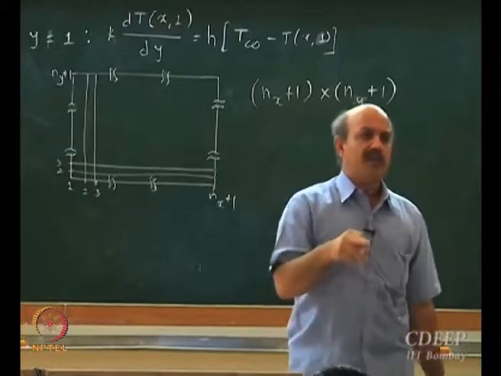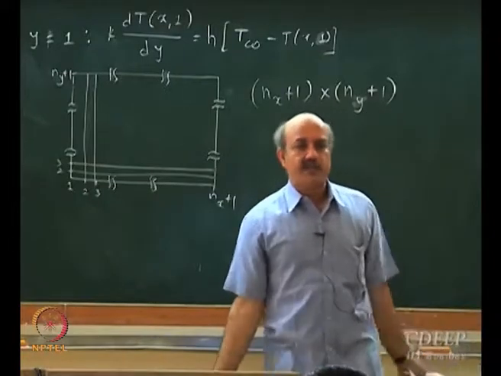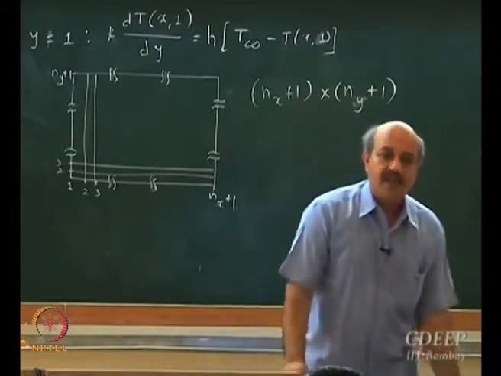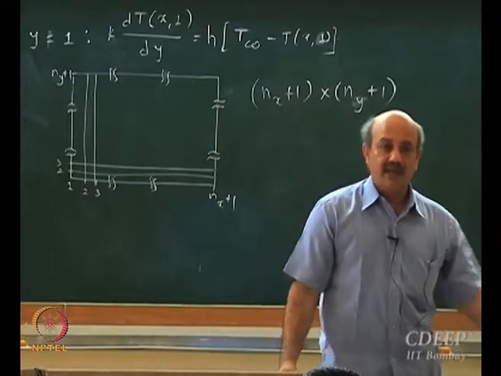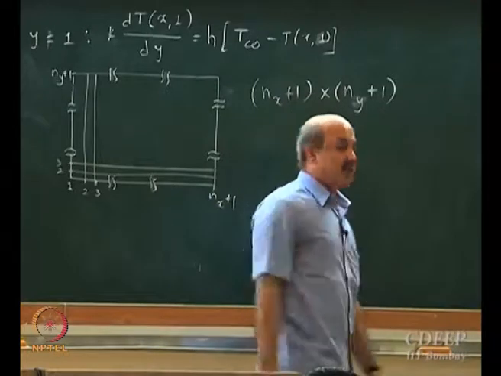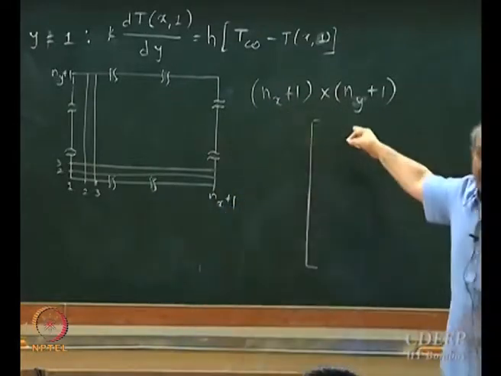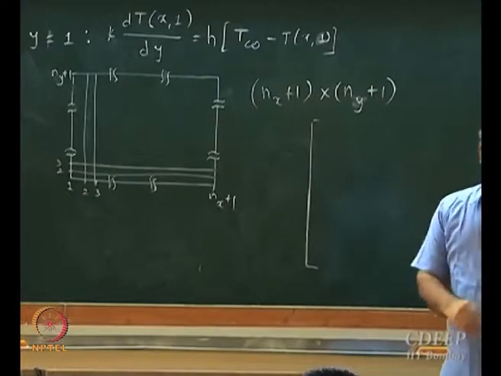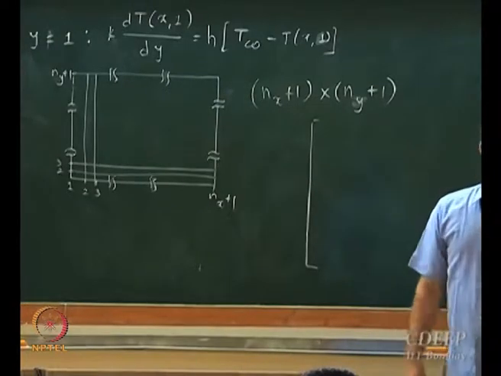If you actually try to rearrange this, what you get is a set of linear algebraic equations, and if you rearrange them into the standard Ax equal to b matrix form, then you get a very special kind of matrix. I don't want to write the matrix, I just want to show how it looks graphically.